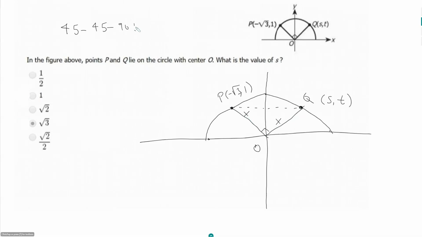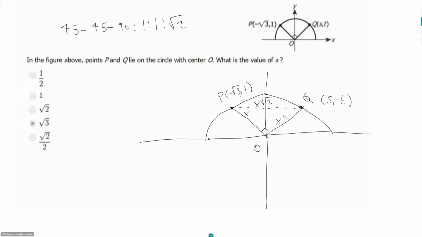And once I know it's a right triangle where 2 of its legs are equal to each other, that means the third one has to be within the ratio of 1 to 1 to rad 2. And so if this has a value of x, this has a value of x, this guy here has a value of x rad 2.